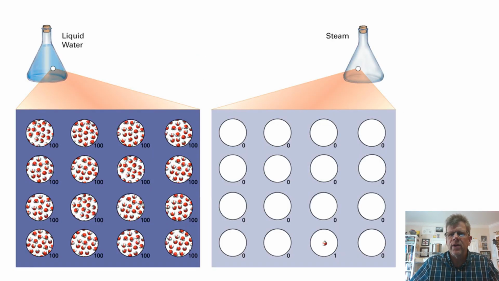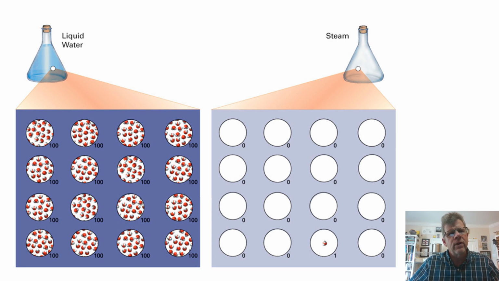This diagram really shows how different the particulate makeup is between a sample of a representative liquid and a sample of a gas. On the left we have a sample of liquid water. On the right we have a sample of gaseous water, which they write as steam. Perhaps water vapor would be a more accurate term.